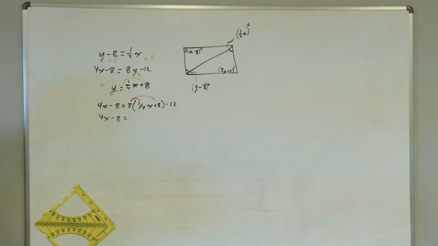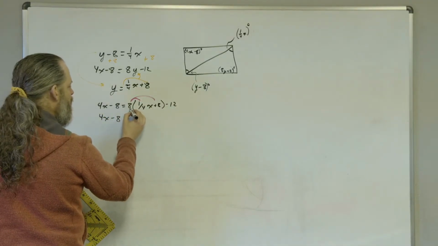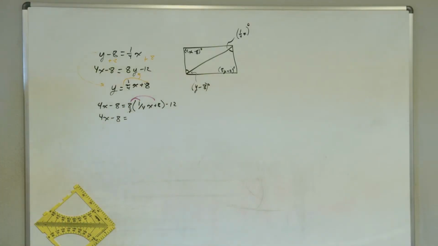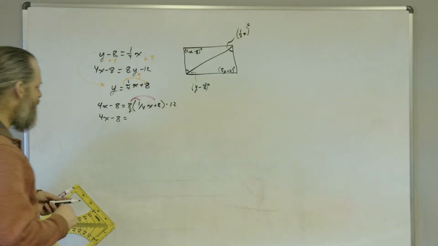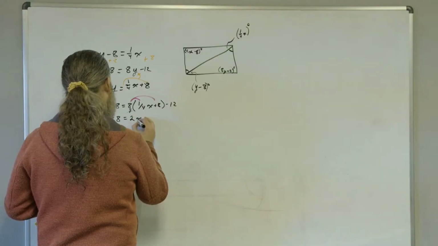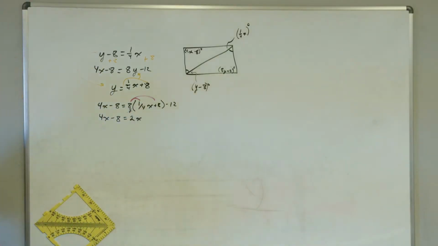Because you multiply across the top: 8 times 1 is 8, and 1 times 4 is 4. What is 8/4 reduced to? What's 8 divided by 4? 8 minus 4 is 4, but 8 divided by 4 is what? 2. 2 times 4 is 8. Therefore, 8 divided by 4 is 2. 2x. And then what's 8 times 8? 64.